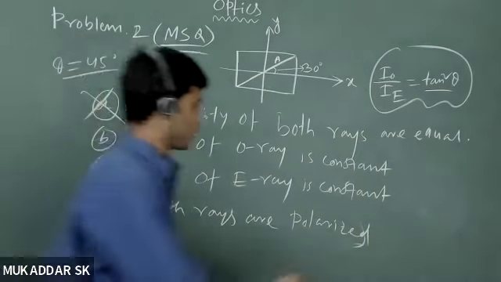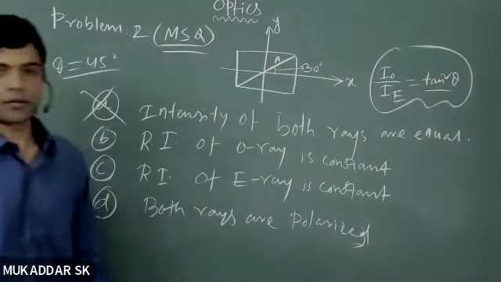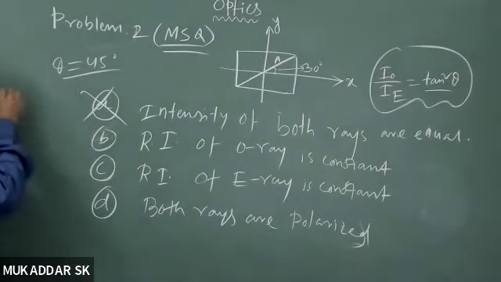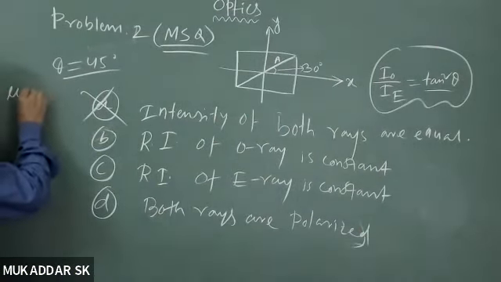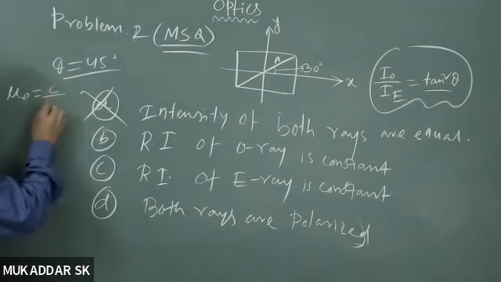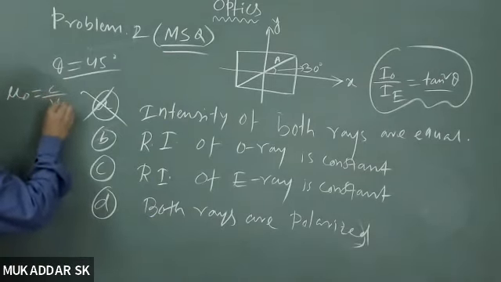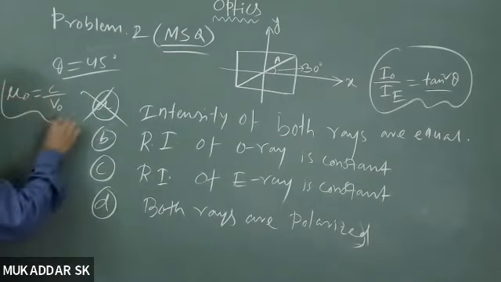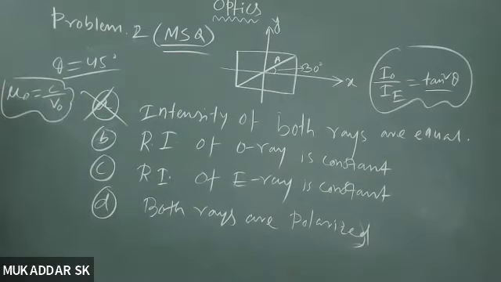Refractive index of O ray is constant, is this correct? So we know refractive index depends on what? The refractive index of O ray is nothing but C, the speed of light, divided by the velocity of O ray in the crystal.